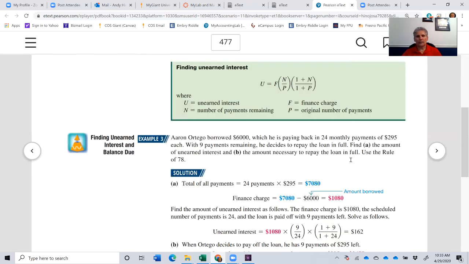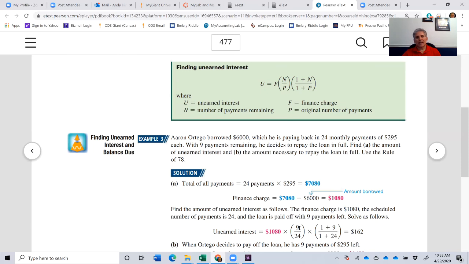So using this formula, U equals F. Now we have F. F is 1,080 multiplied by N. N is 9. Where did 9 come from? The number of payments is 24, and the loan is paid off with 9 payments left. The problem told us that, with 9 payments remaining.